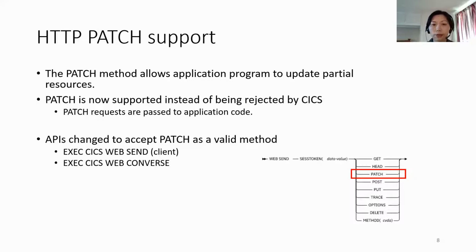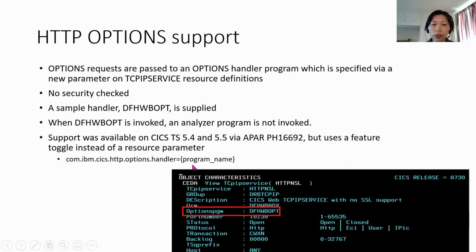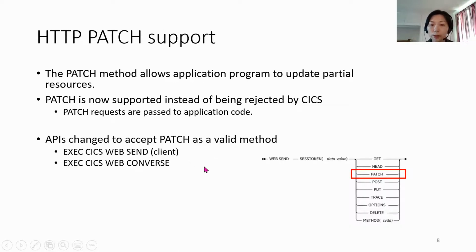Previously, CICS didn't support the HTTP PATCH method, but now we support it on 5.6, and the request is passed to application code. We also enhanced the WEB SEND and WEB CONVERSE APIs to be able to use PATCH as a method.